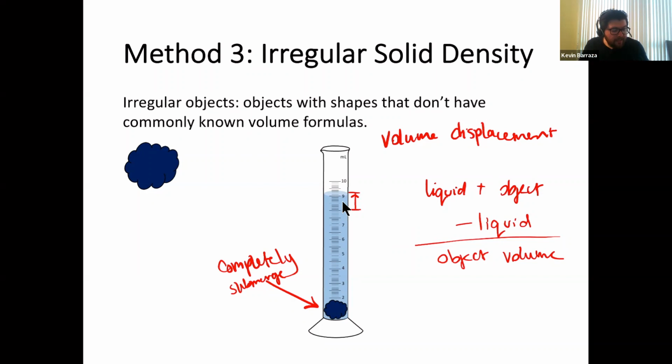If it floats, then that means we can't trust our answer because we're not putting the entire object in there. So we can't use volume displacement for an object that is currently floating in the graduated cylinder. However, can we brainstorm a way that you could still do volume displacement with an object that floats?